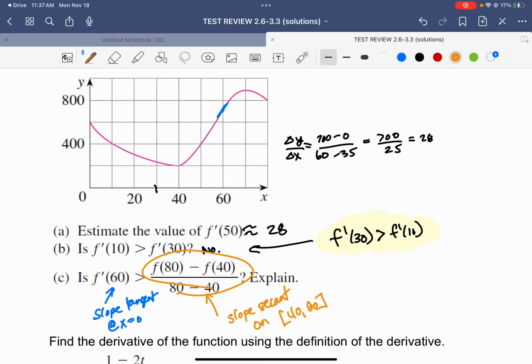If I look at the slope of the secant line from 40 to 50, 60, 70, 80 here, that's going to be the slope of the secant line.